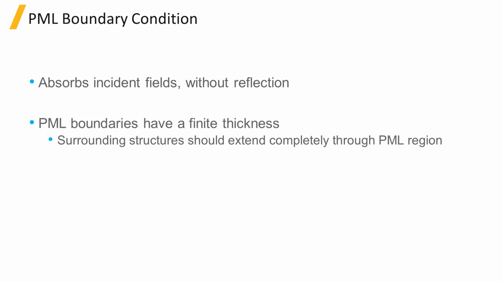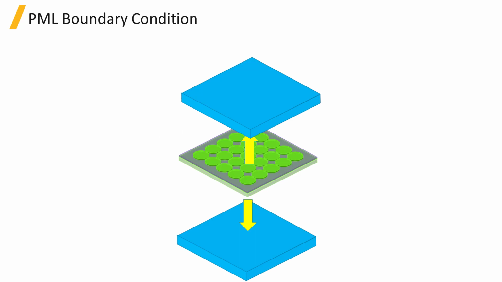They basically add an absorbing material to the edge of the simulation region. PML works best when the surrounding structures extend completely through the PML region. In our metamaterial example, the PML boundary conditions are used along the light propagation direction, or top and bottom of the simulation region, since these boundaries are expected to be open with no reflection.